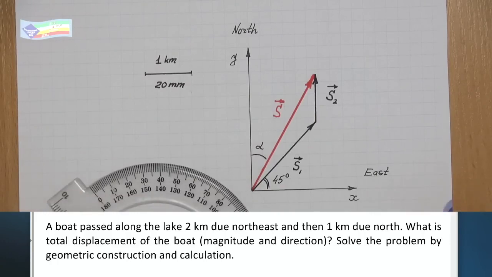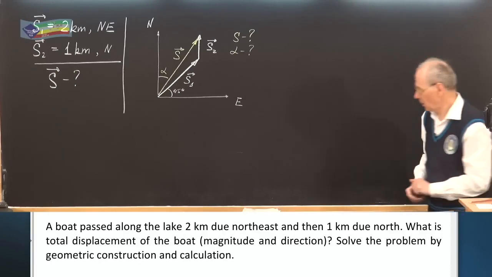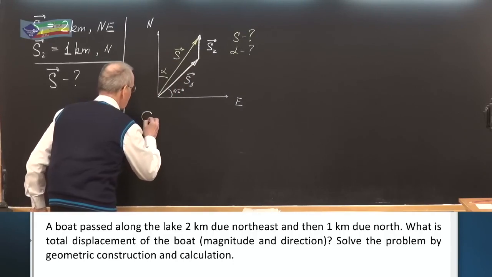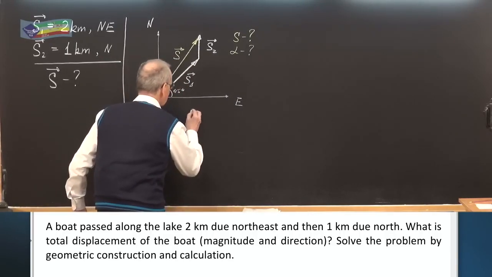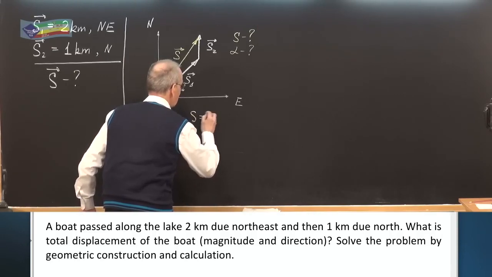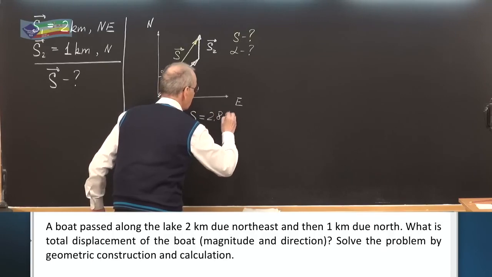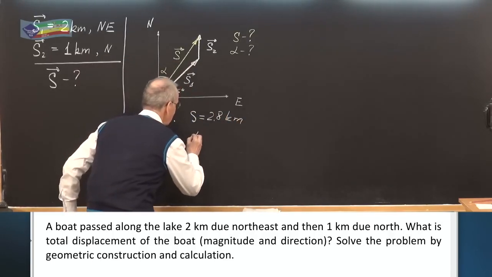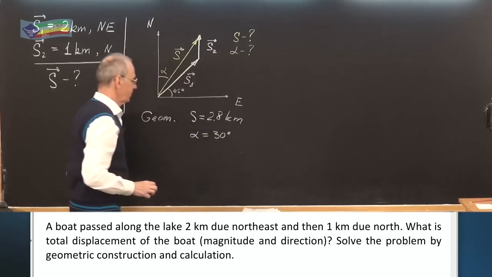So we can write the result of our geometric construction: S equals 2.8 kilometers and alpha equals 30 degrees.